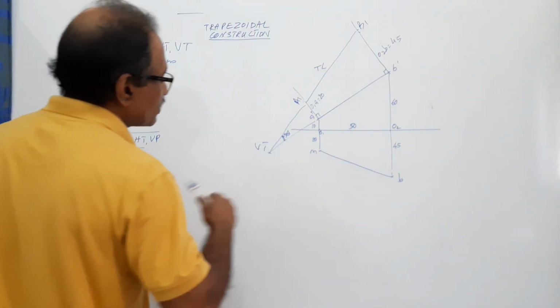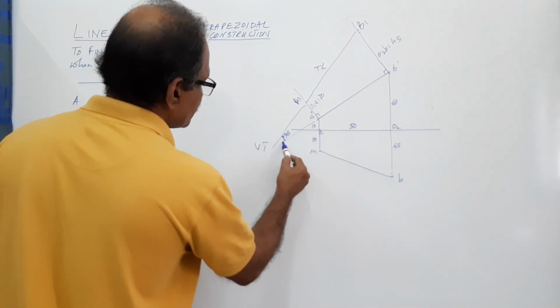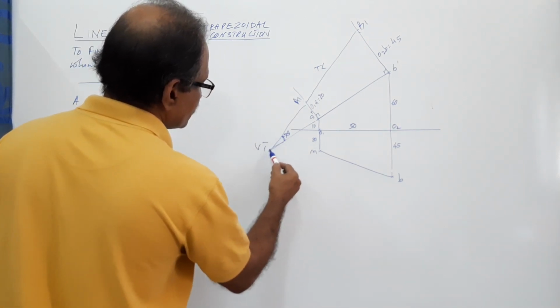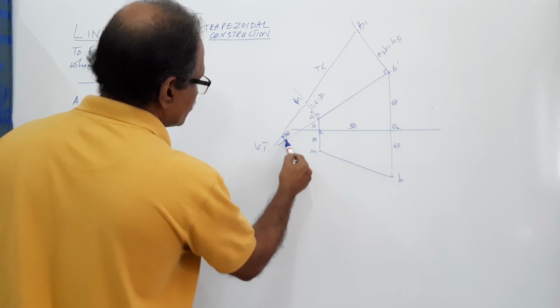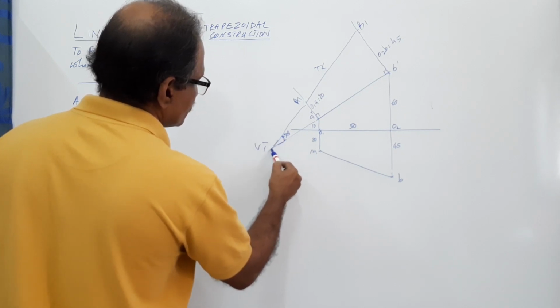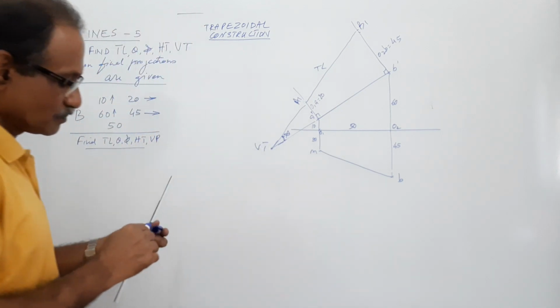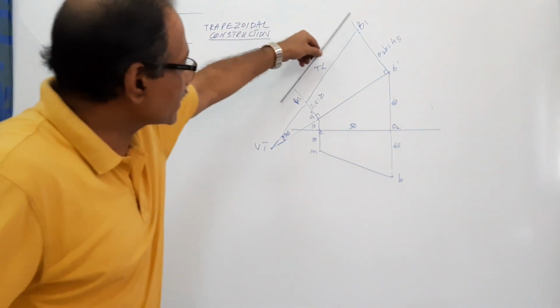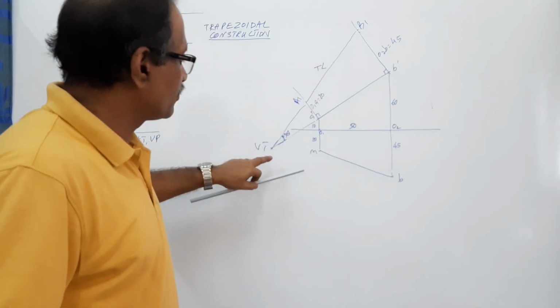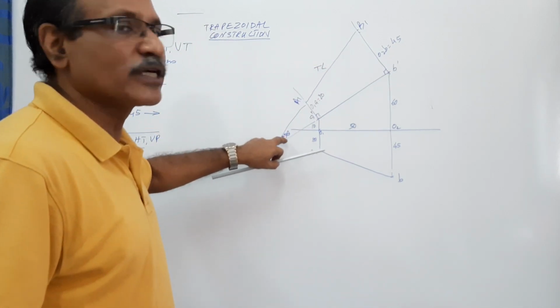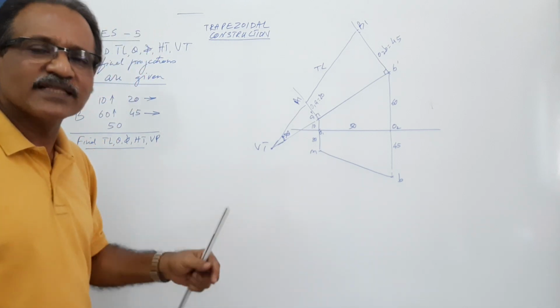I'll make some adjustment. The true length constructed on the elevation and the elevation itself, when projected, meet at VT and the included angle is phi. Similar thing you do on the plan.